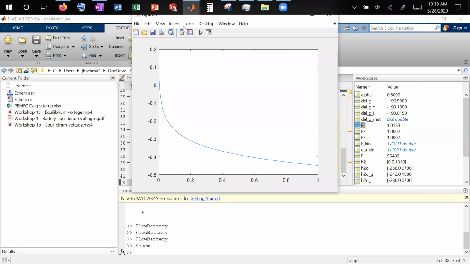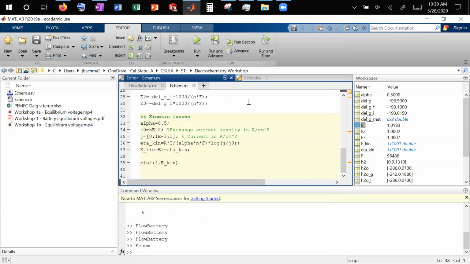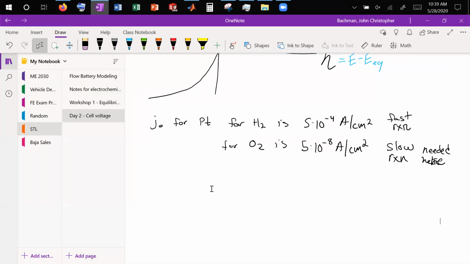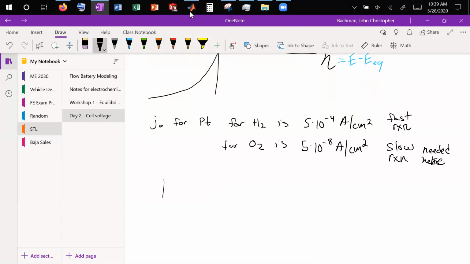So you can see in this case, up to current densities that are this large, we almost can't go anywhere near that voltage. We're dropping like flies. So what we do to solve this problem, because you can see we can't get any voltage out of our fuel cell with these losses, is this: we might have 10 centimeters by 10 centimeters of fuel cell, but we're going to load it up with a ton of catalyst.